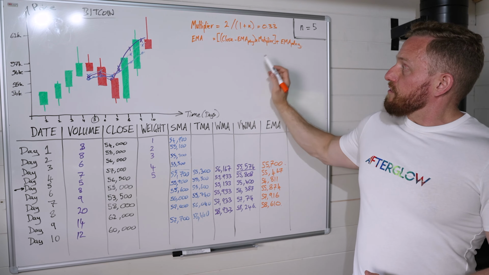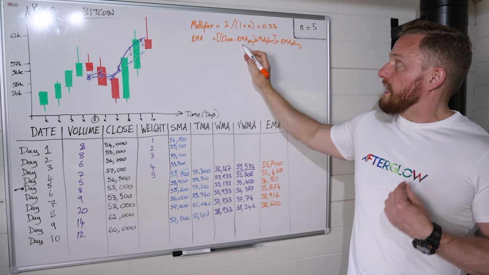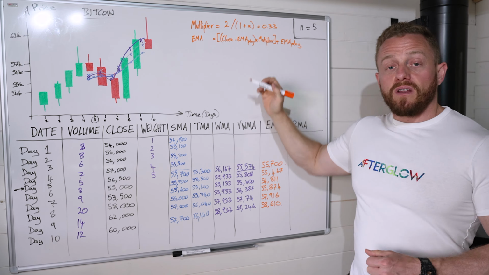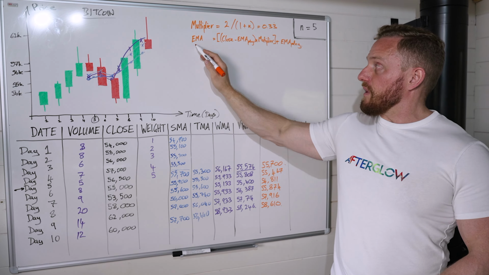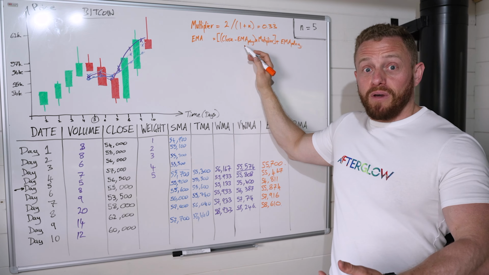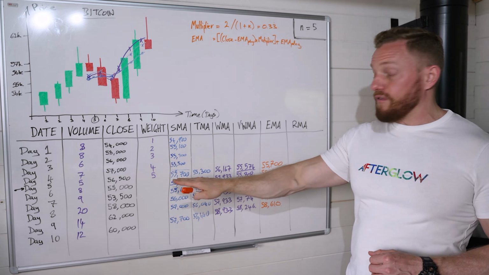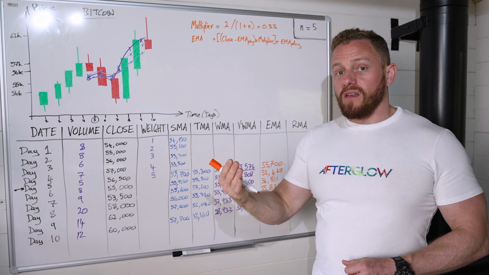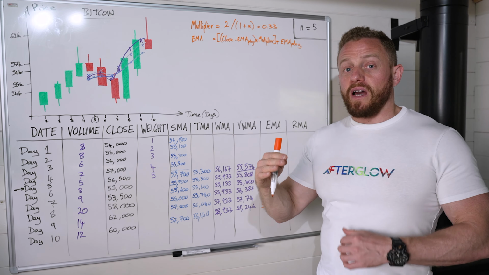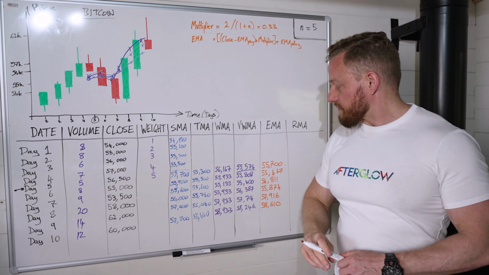Then here is the main formula, which is the closing price minus the EMA on the previous day. Now, you may be thinking, hang on a minute, how can we calculate the EMA but have the EMA as an input? Well, the way to overcome this is that on the first line, we actually take the SMA as the first value and then input that here, and you'll see how it works through.